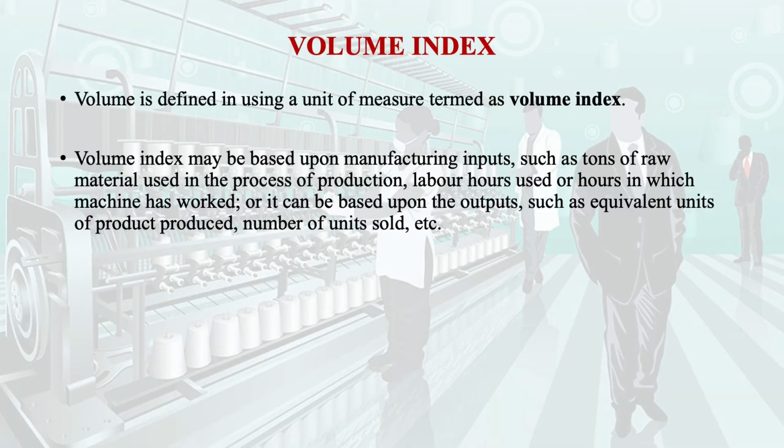Volume is defined using a unit measure termed the volume index. The volume index may be based upon manufacturing input, such as tons of raw material used in the process of production, labor hours, or hours in which the machine has worked.